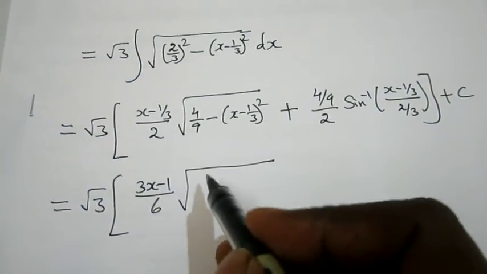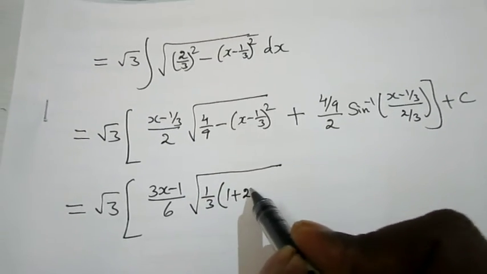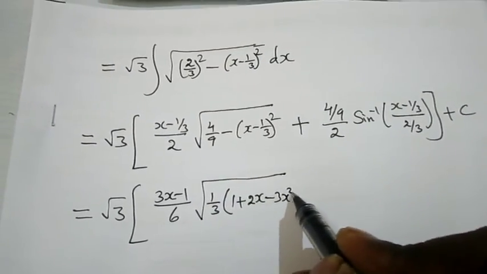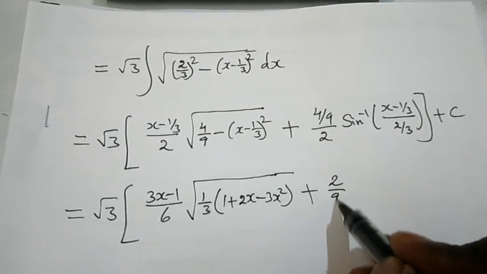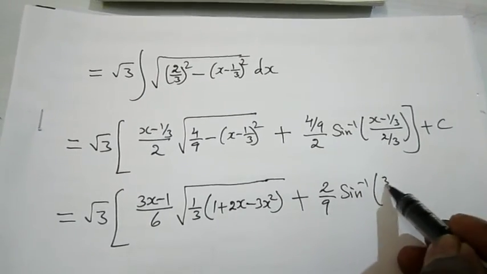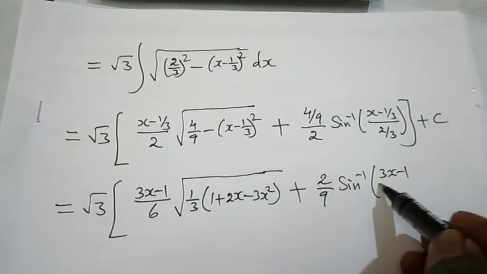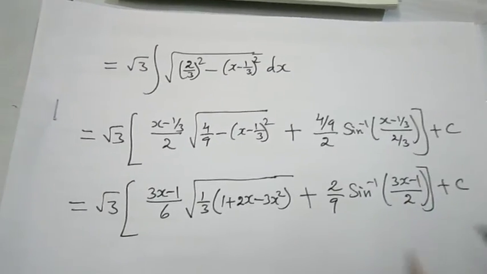This I am going to substitute here. For this equivalent value, 1 by 3 into 1 plus 2x minus 3x square, plus here the 2s cancel, so 2 by 9 sine inverse of, cross multiply, 3x minus 1 by 3, the 3s cancel, by 2, plus integral constant c.